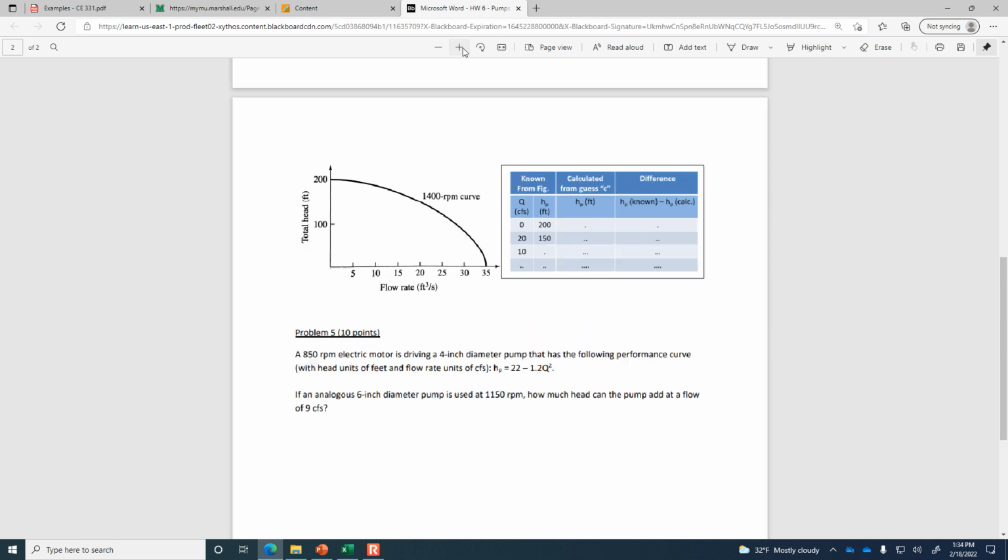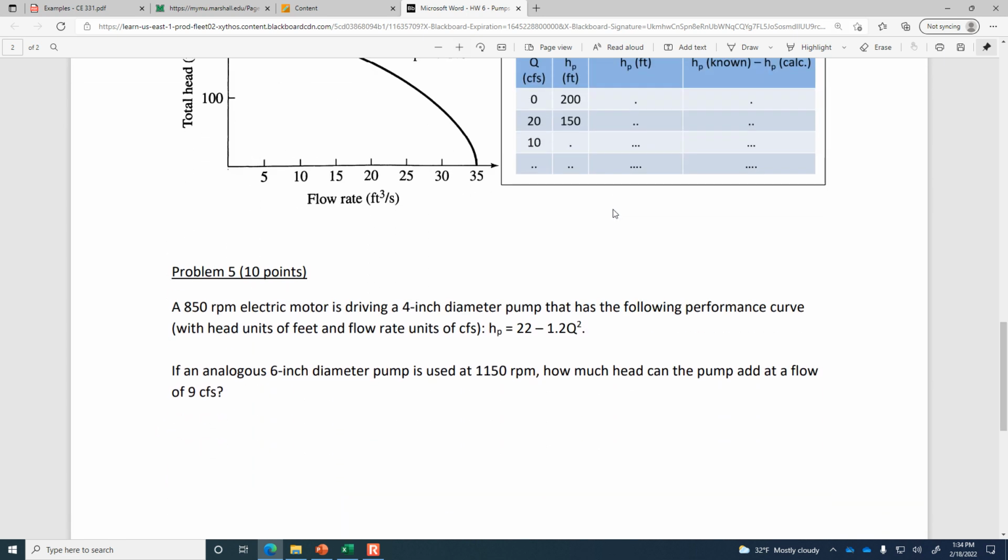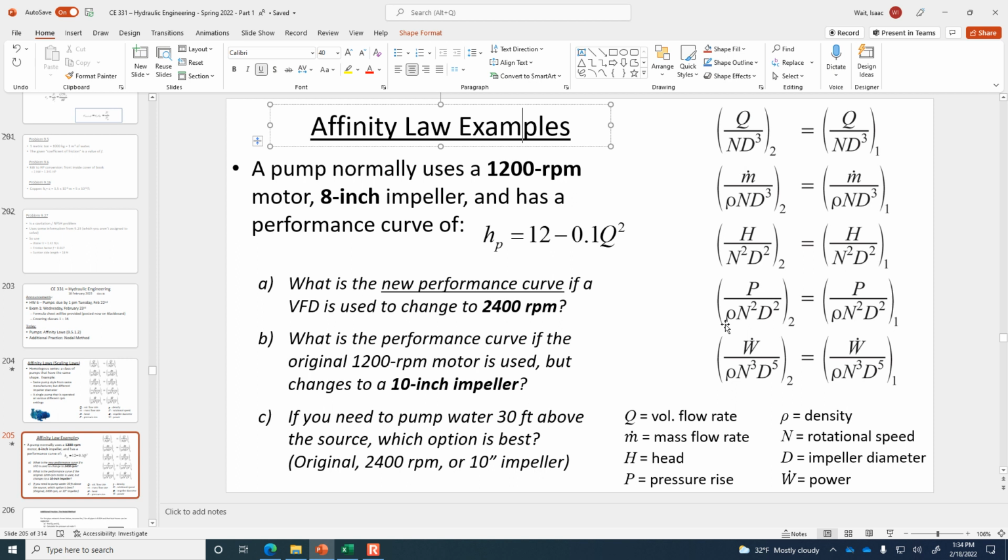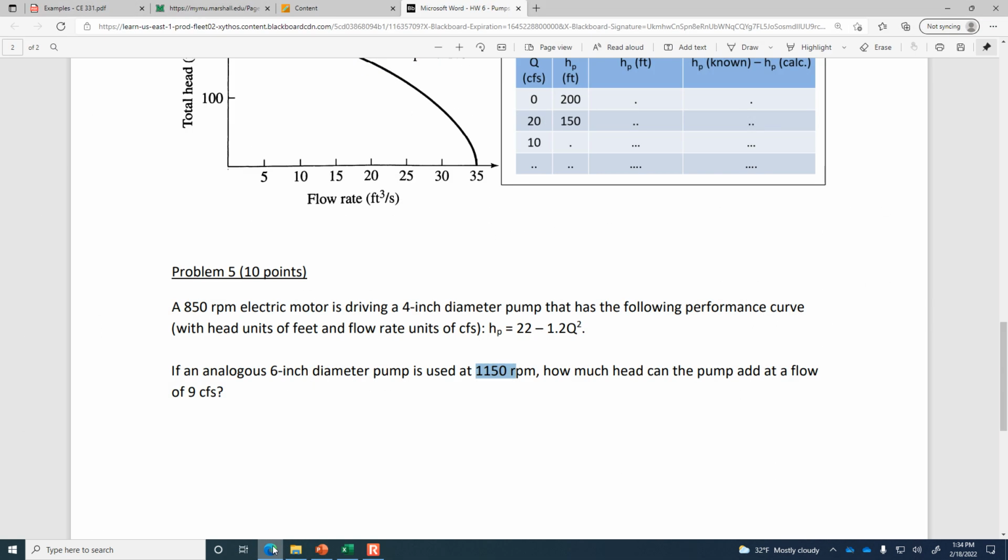On that homework problem 5, it looks like you're given the rotational rate, the impeller diameter, and the beginning performance curve, and we're going to use a similar pump that's operating at a different diameter and also a different rotational rate. So you're going to have to do the process that we just went through of using these affinity laws to find out what the new performance curve looks like.